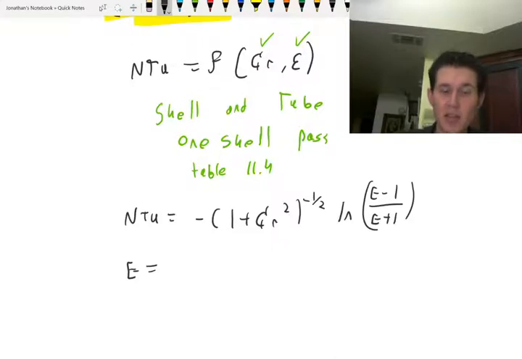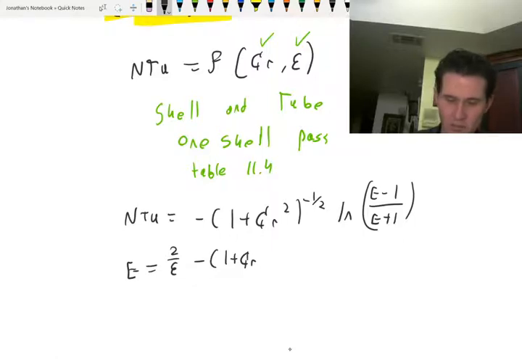E is just taking part of the function for NTU and putting it into something simpler. It's just making bite-sized chunks. Like I said earlier, we like as engineers to simplify things and make bite-sized chunks. Whenever we're doing complex problems like this, it saves a lot on calculator error.